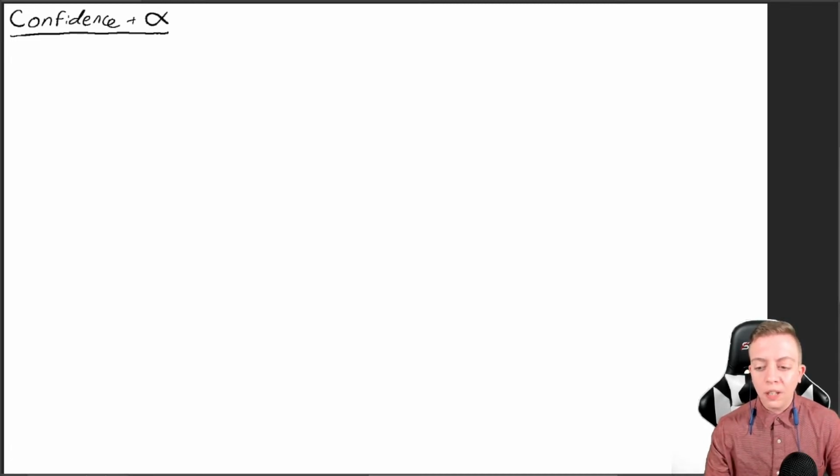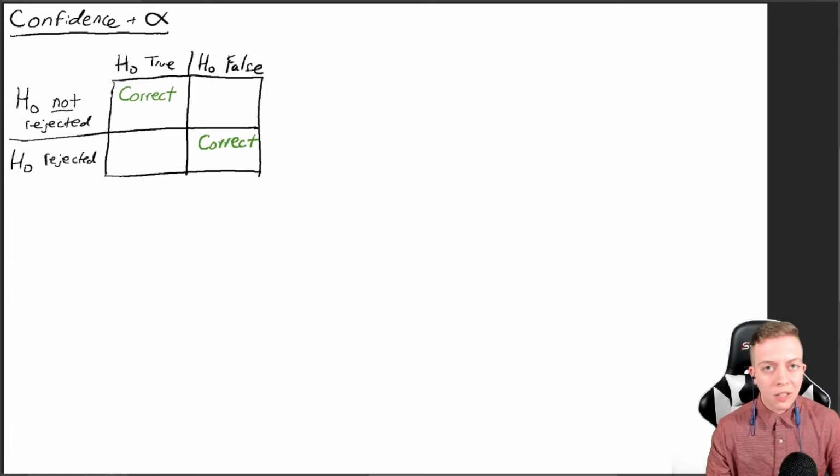And before we really get into this, we need to review a little bit from last time where we talked about types of error in statistics. So if we draw a little table, if H naught, or H with the little 0 next to it, is the null hypothesis, remember that the null is the default, or what we are assuming to be true.